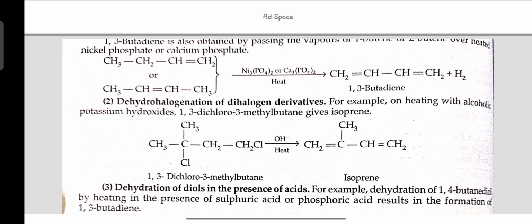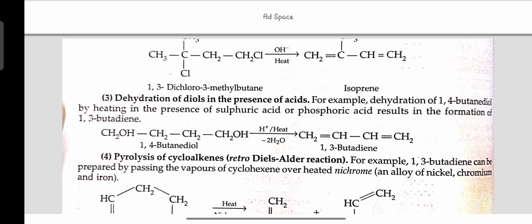Second, dehydrohalogenation of dihalogen derivatives. For example, on heating with alcoholic potassium hydroxide, 1,3-dichloro-3-methylbutane gives isoprene. Third, dehydration of diols in the presence of acid.